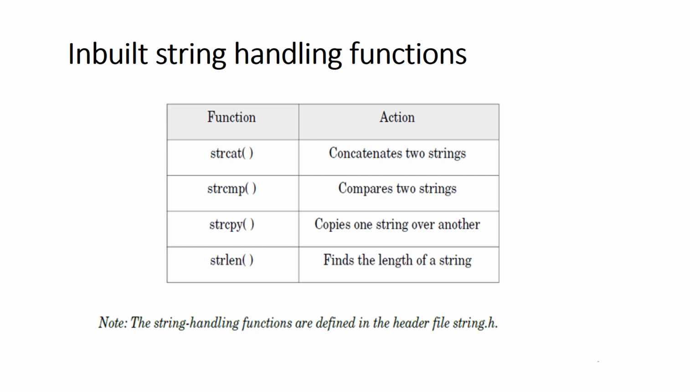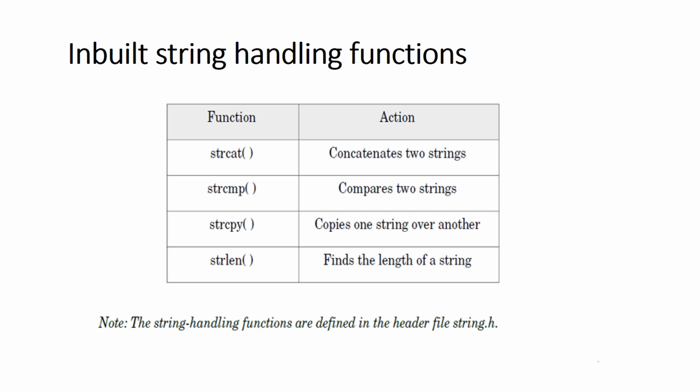But in your syllabus, only 4 functions are prescribed, and those most common functions used from the C library are: first one, STRCAT. STRCAT is an abbreviation of string concatenation. This function joins two strings, concatenates two strings.